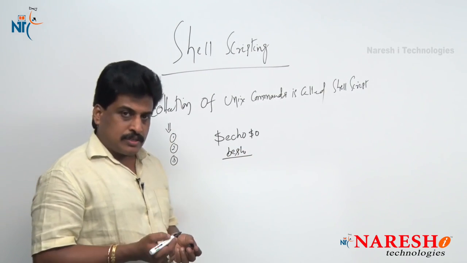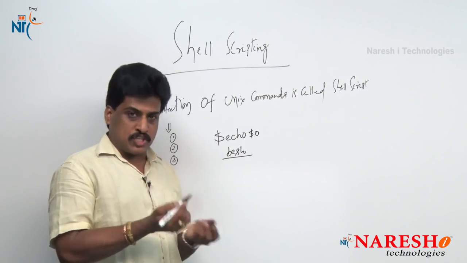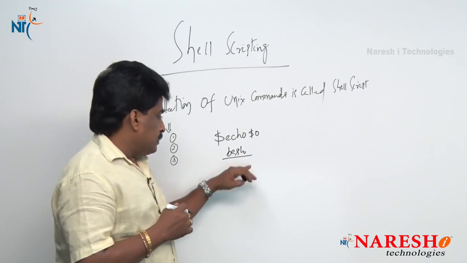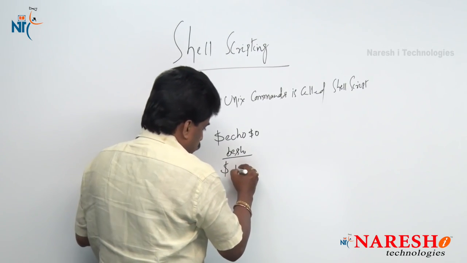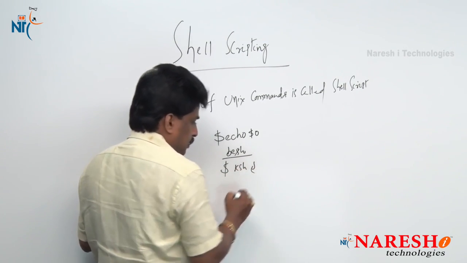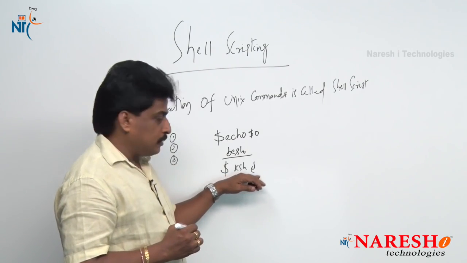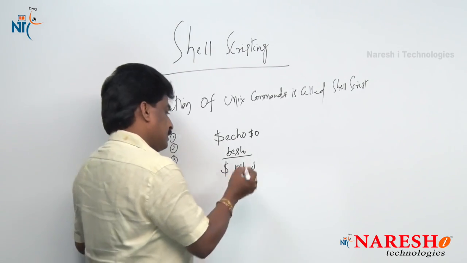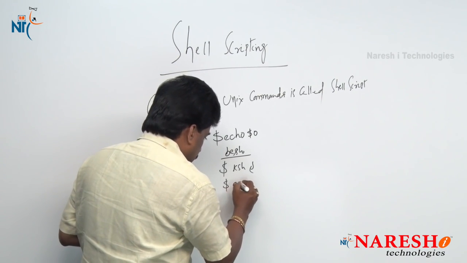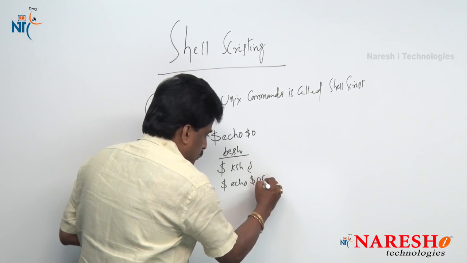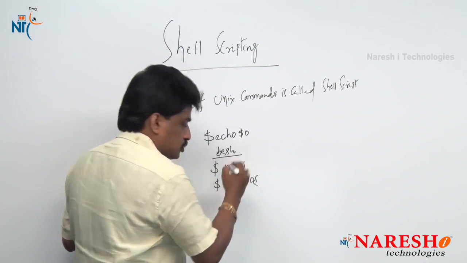Even you can change from one shell to another shell. So once bash is displayed, you want to convert into KSH, means Korn shell. Just type the shell name, hit the return key. It is converting into Korn KSH. Now you want to see converted or not, echo $0. Again it displays Korn shell.